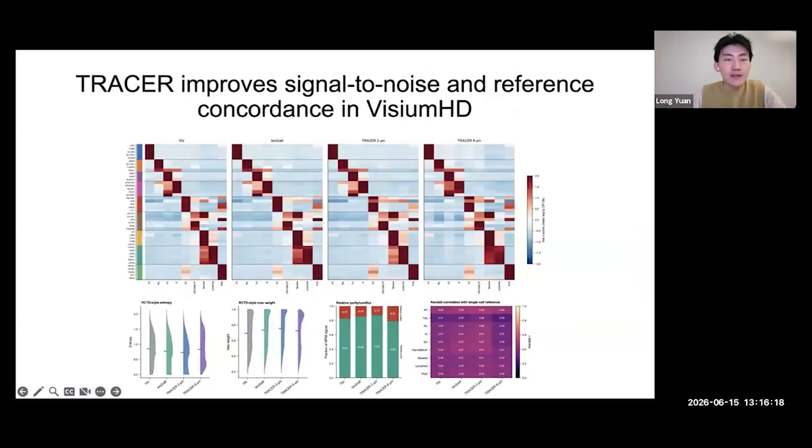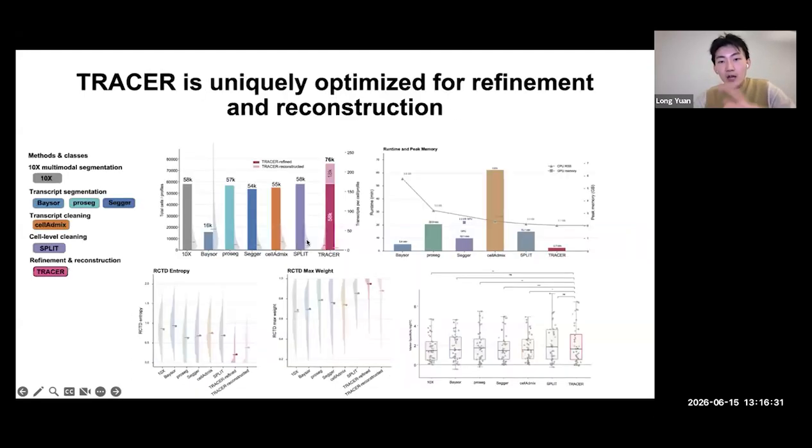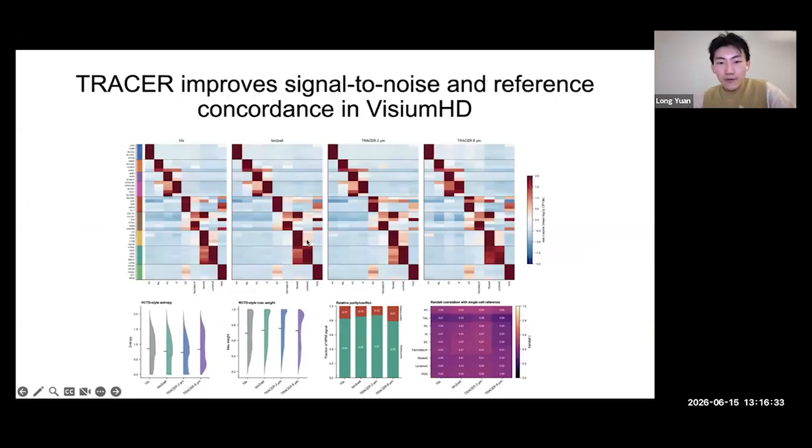After showing the qualitative anatomy, we benchmark Tracer against the 10x Space Ranger segmentation and the bin-to-cell. I'm not going to walk you through every single metric here, but the key takeaway is that Tracer at 2 micrometers shows stronger marker signal structure, improved RCTD-style purity, and a higher correlation with the single-cell reference.